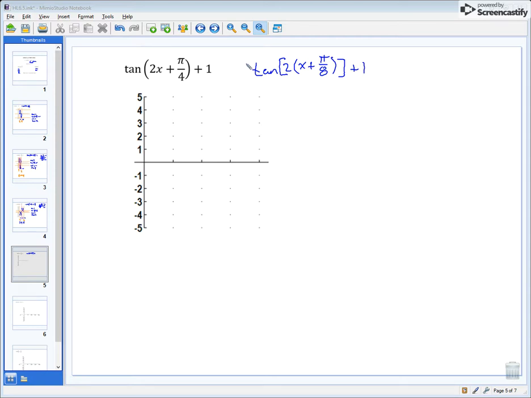So remember that tangent doesn't have an amplitude, it goes on forever. We have a period. Remember, tangent's normal period is pi. So we're going to take pi and divide it by the number of cycles. We have a midline of 1. And we have a phase shift of negative pi over 8.